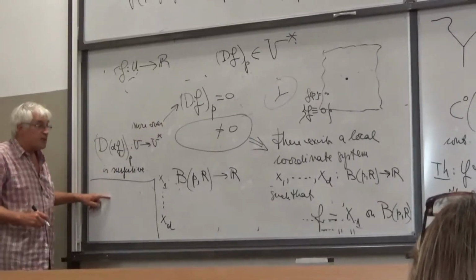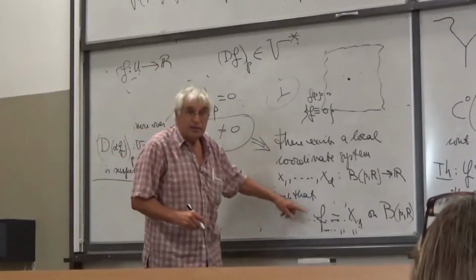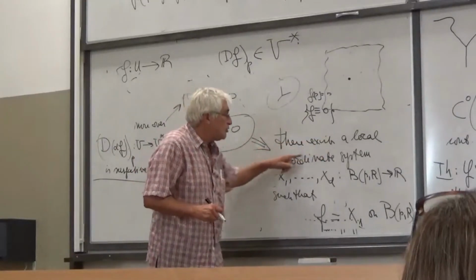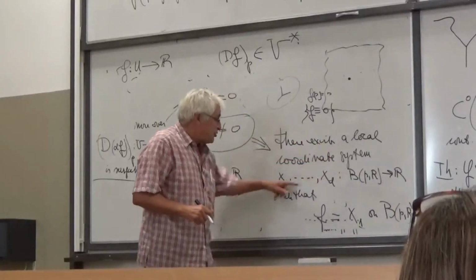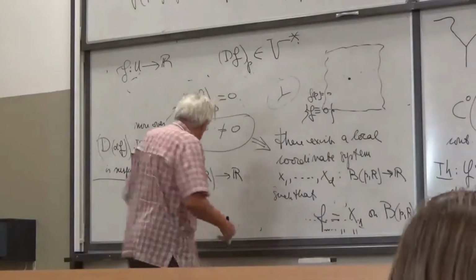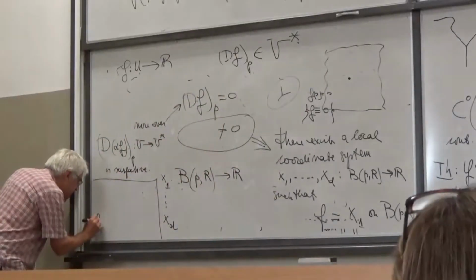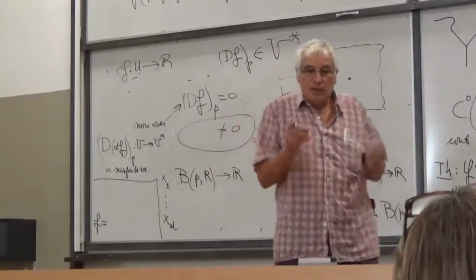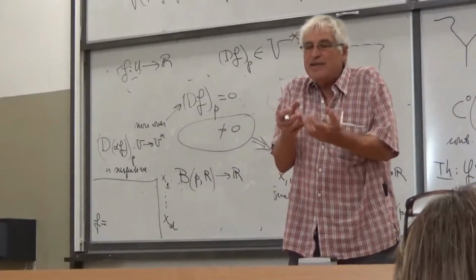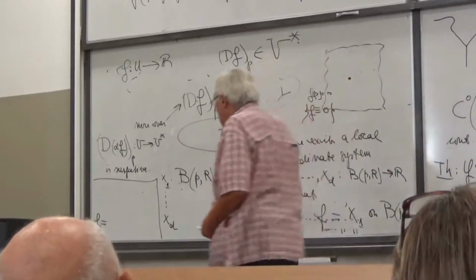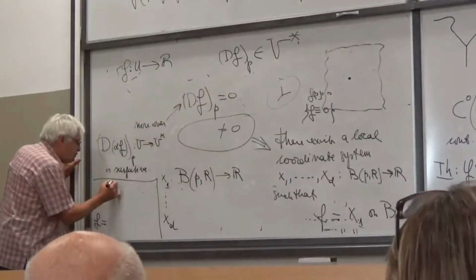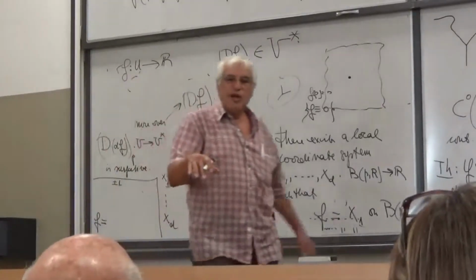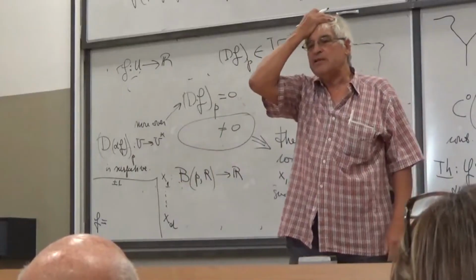Now I wish to say something about the function. The statement is, then there exists a local coordinate system such that the map equals something. Again, the amazing thing is, somebody who knows only the numbers plus and minus 1. Imagine you went to graduate school, and the only thing you remember is plus 1 and minus 1.